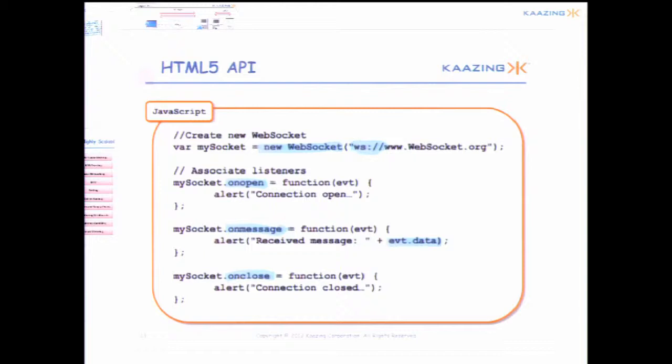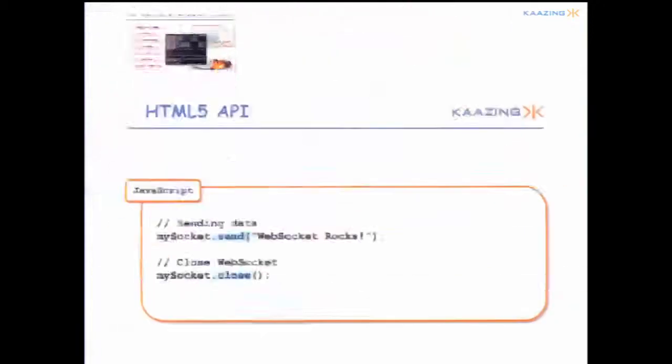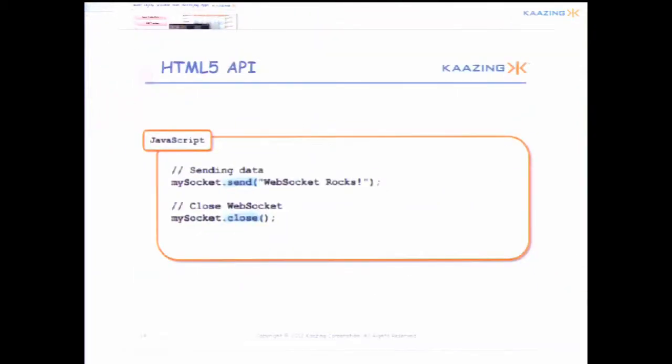A common mistake is that you try to use the WebSocket right after you say new WebSocket, and notice there's an on open that you should wait for. That's a common mistake when you're doing WebSocket programming. Remember, now you're going over the web. The latency from creating a socket and a WebSocket is a little different, so you have to make sure you have the WebSocket connection before you go forward. Okay. And of course, there's send and close like you would expect. So the API is very easy.